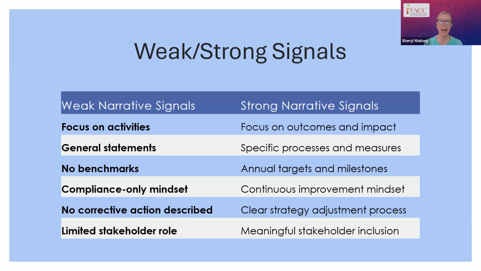If you don't have any information about how you're going to address activities that are performing less than you expected, any type of limitations for people who are participating in your activities.